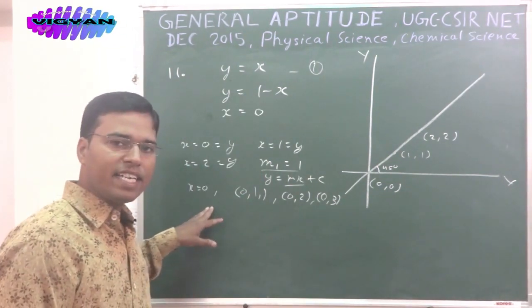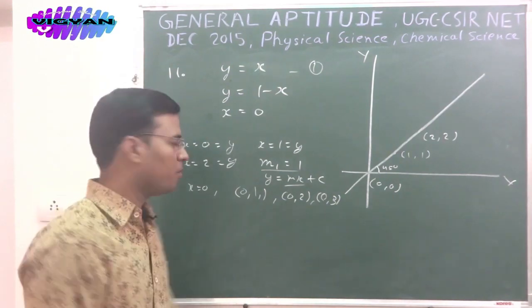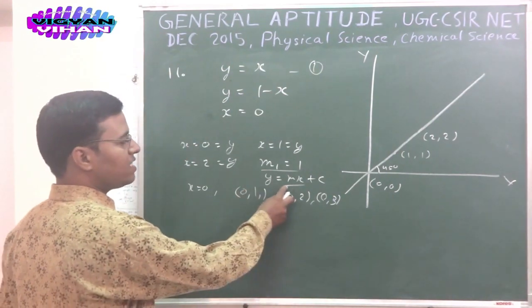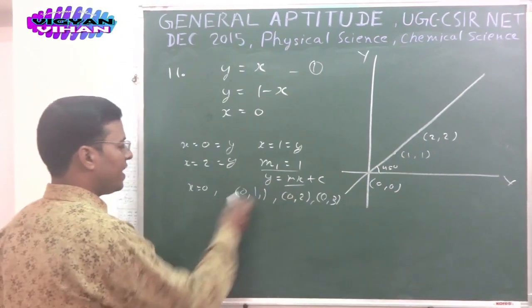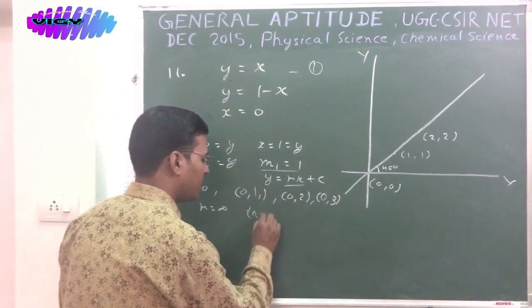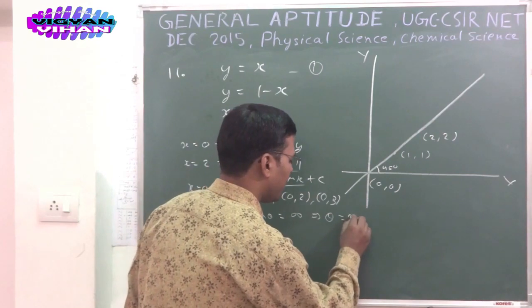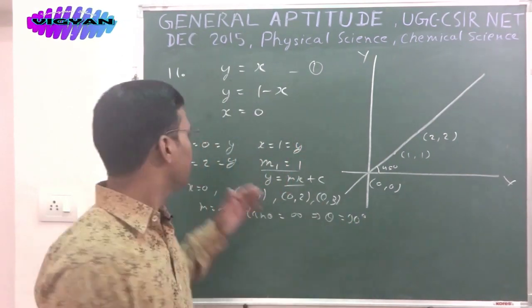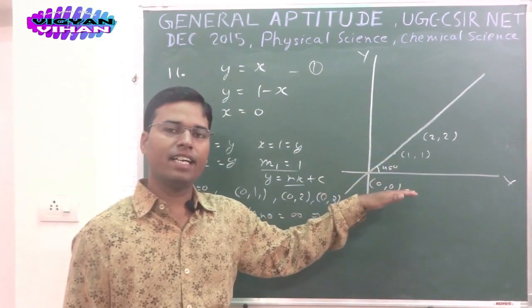For the line x is equal to 0, comparing with y is equal to mx, the m value is infinite. If the m value is infinite, then tan theta is also infinite. Theta value is 90 degrees. So, this line x is equal to 0 makes a 90-degree angle.